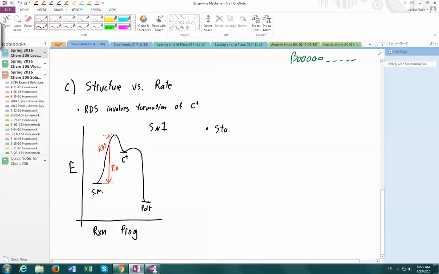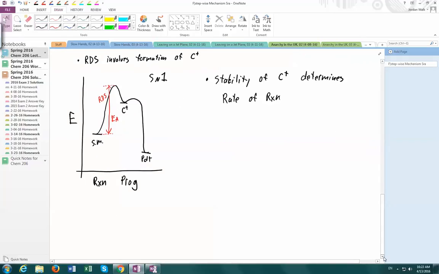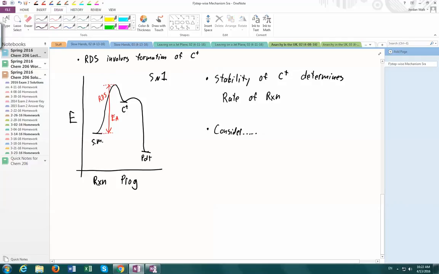So we'll say that the stability of our carbocation determines the rates of our reaction. And so just like last time where I showed you with an example, we're going to do the same thing here.